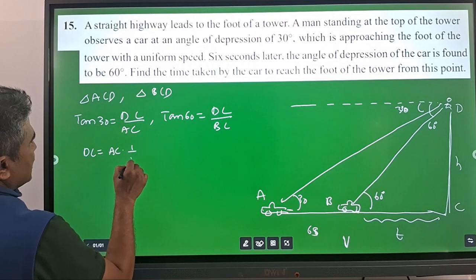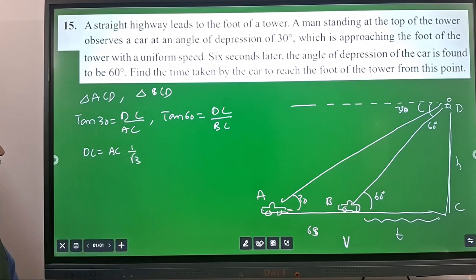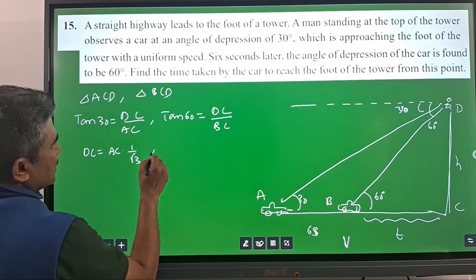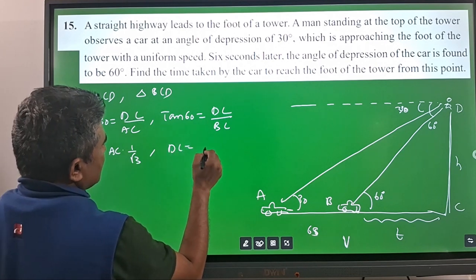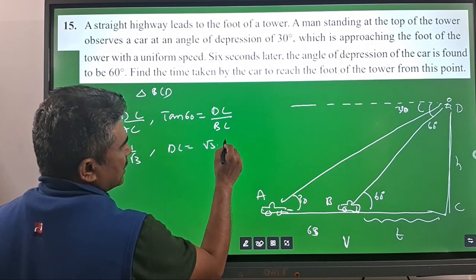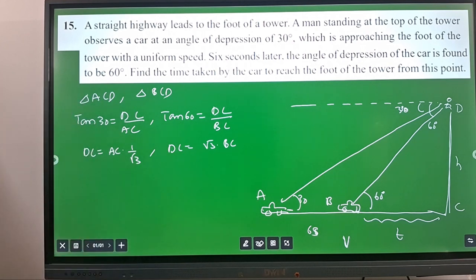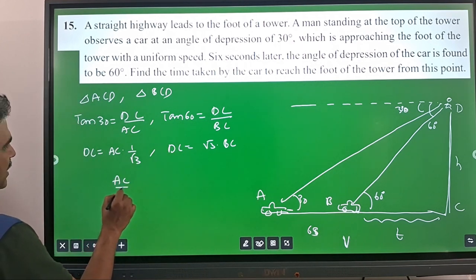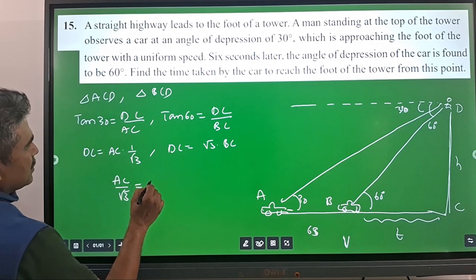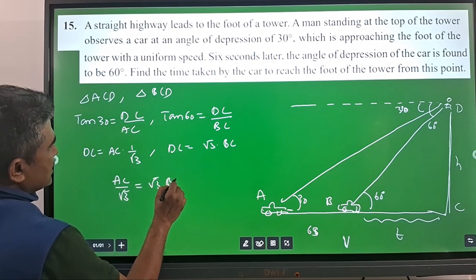tan 30 is 1 by root 3, so DC is AC by root 3. And DC is equal to tan 60, which is root 3, times BC, which is not given, so let it be like that. Now equate those two: AC by root 3 is equal to root 3 BC.